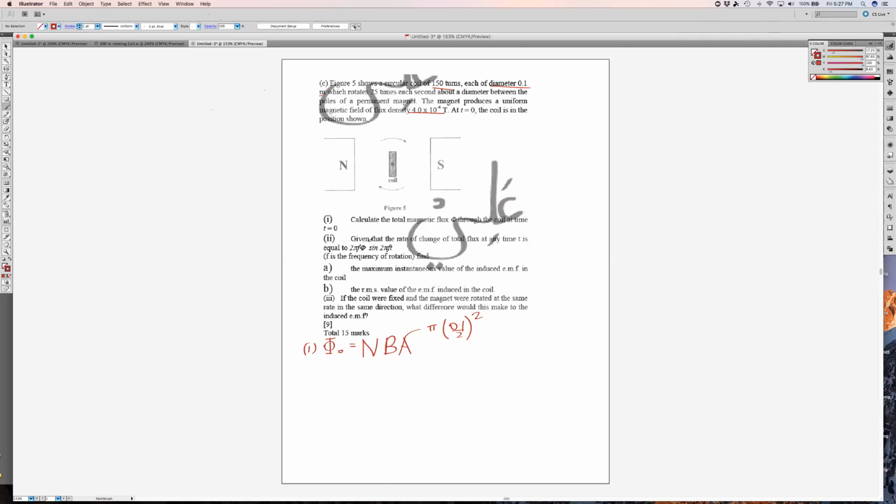Part 2. Given that the rate of change of total flux at any time is given by this, where f is frequency, they want us to find a maximum instantaneous value of the EMF.